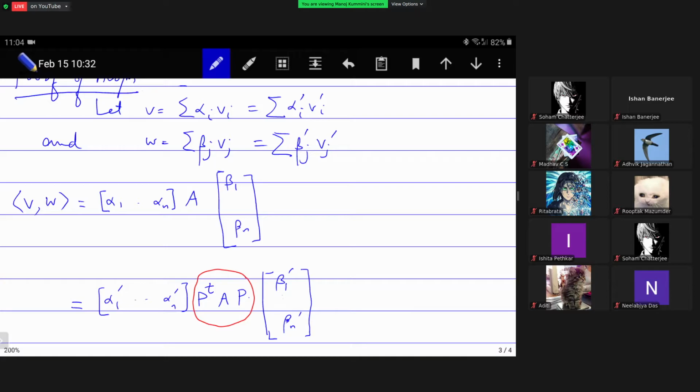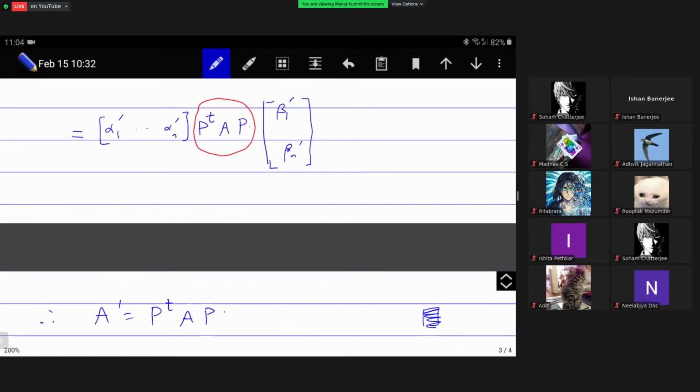Does that imply that A prime equals P transpose AP? Yes, that's what it is. Your question is: does this thing that I marked in a circle imply that the middle matrix is unique? Yes.